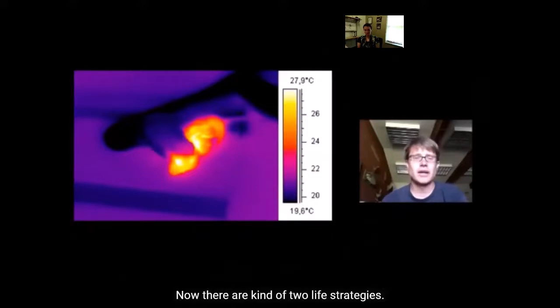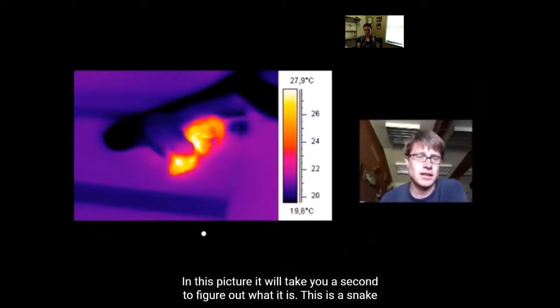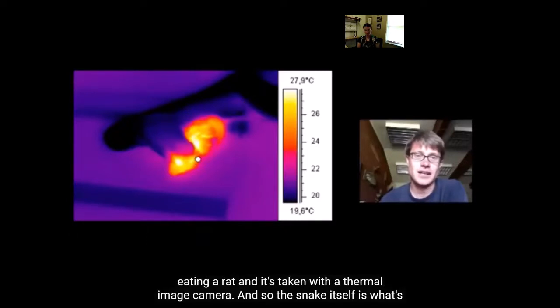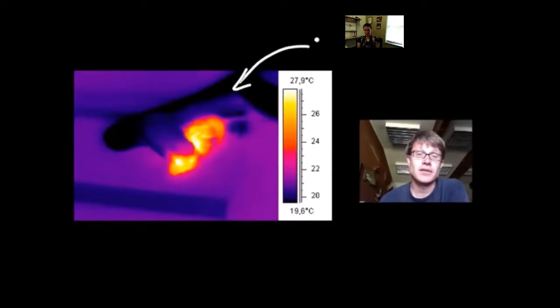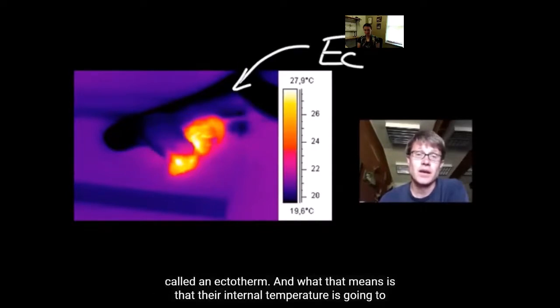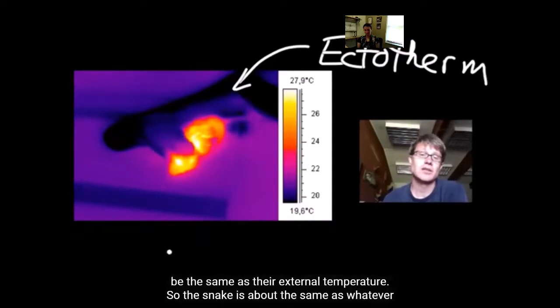Now, there are kind of two life strategies in this picture. It'll take you a second to figure out what it is. This is a snake eating a rat, and it's taken with a thermal image camera. And so the snake itself is what's called an ectotherm, and what that means is that their internal temperature is going to be the same as their external temperature.